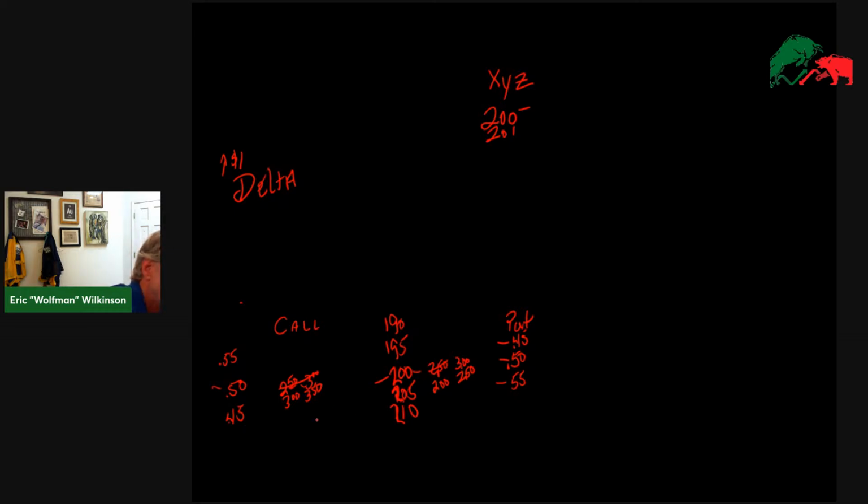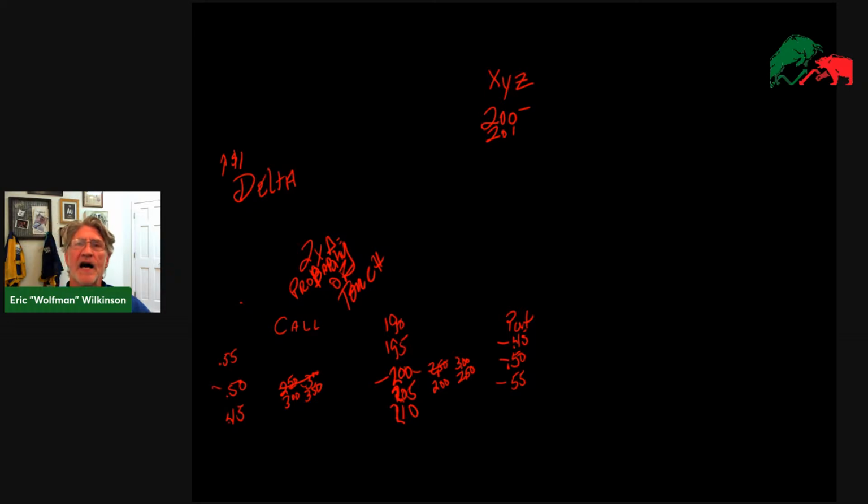So let's just say the 45 delta. So two times delta equals the probability of touch during the life of the option. So it tells us 2 times the delta is the probability of touch.